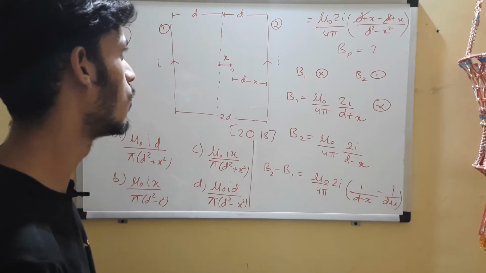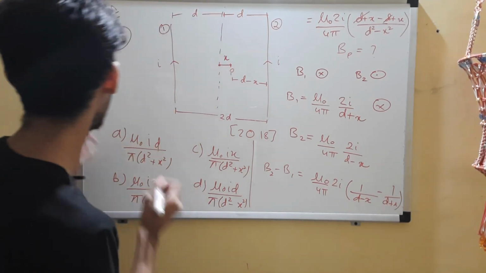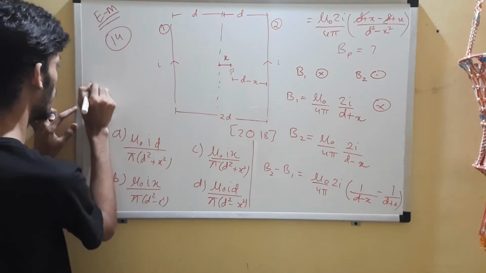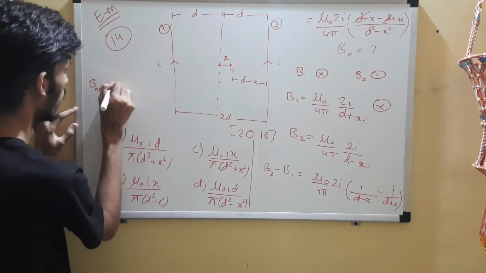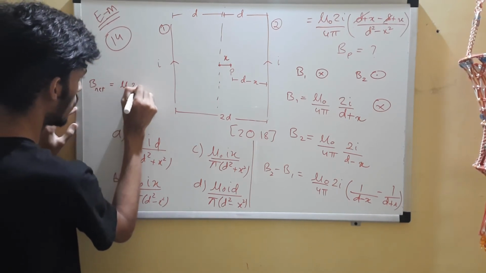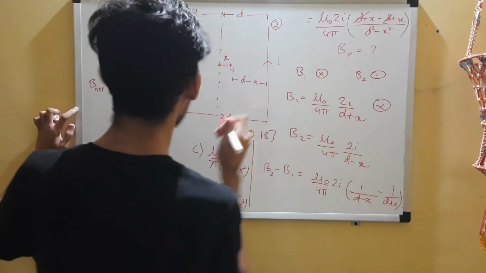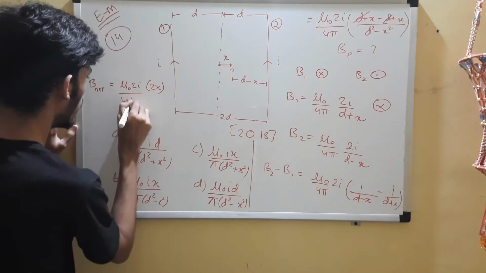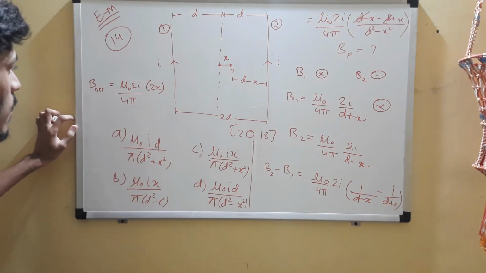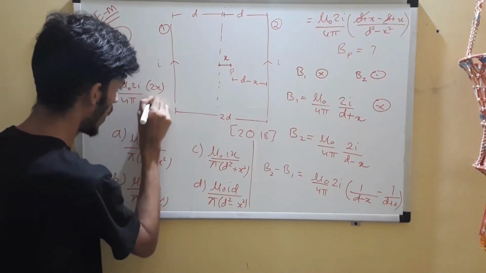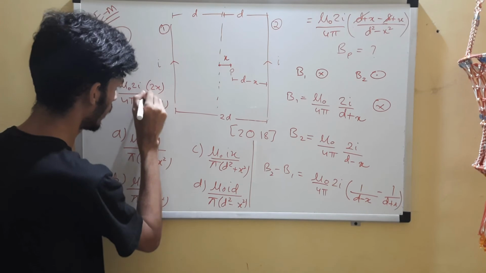Mu 0 4I. I'll write it over here. So B net is mu 0 2I, and here also you'll get 2x, x plus x, 2x divided by 4 pi upon D square minus X square.